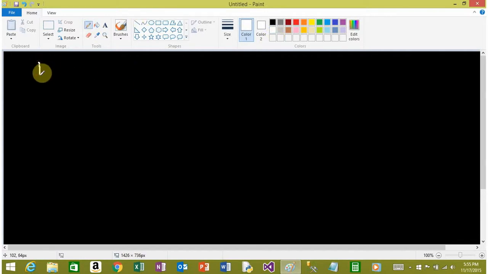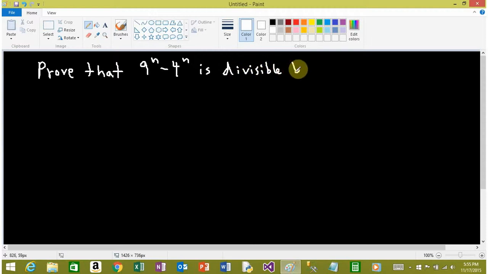For this one, we're going to say prove that 9 to the n minus 4 to the n is divisible by 5 for all n in the natural numbers.